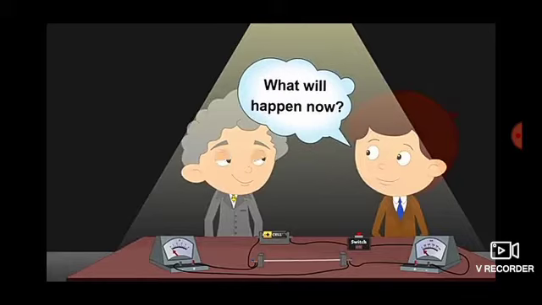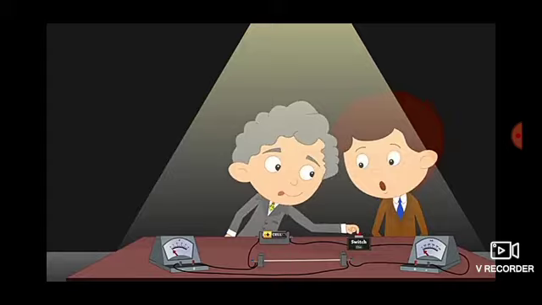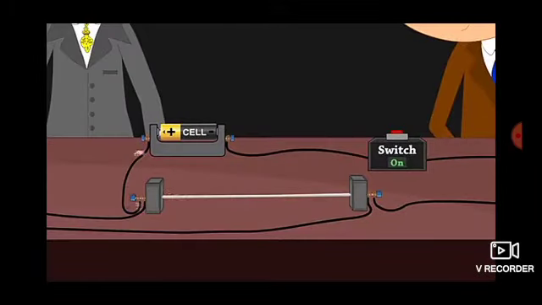Now we have to see what will happen if we switch it on. Let us see. When we switch it on, the current flows through the circuit and it shows the reading in ammeter as well as voltmeter.